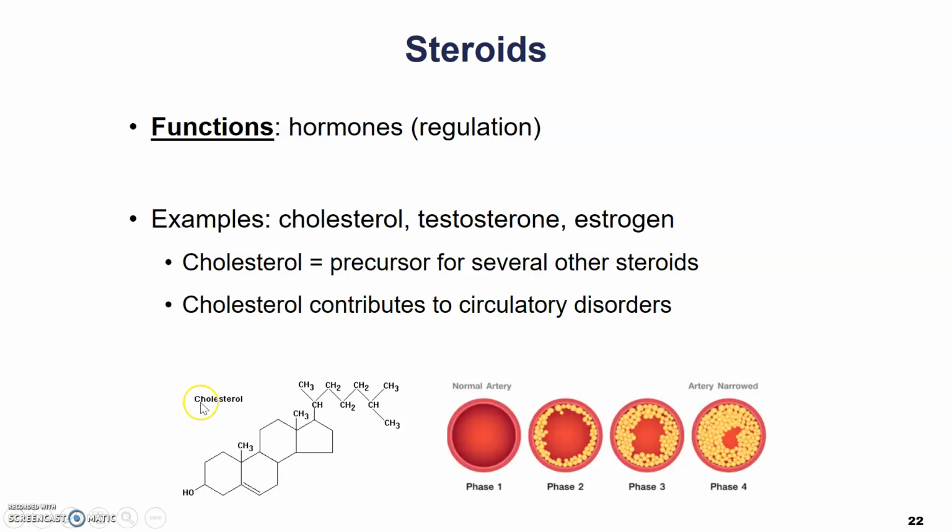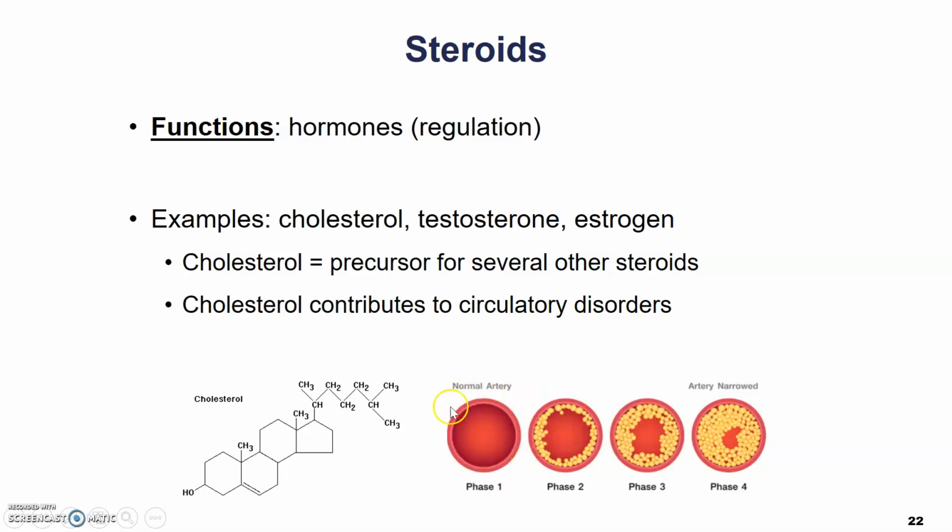And cholesterol is a pretty large molecule. You can see it down here on the left. And as a lipid, it does not dissolve easily in water. And our blood is mostly made of water, right? So when cholesterol levels get too high within the blood, the cholesterol can't dissolve, but it has to go somewhere.